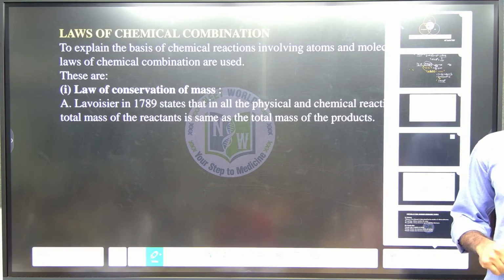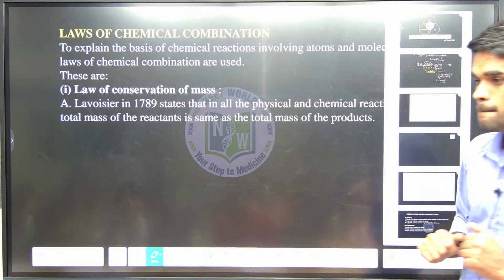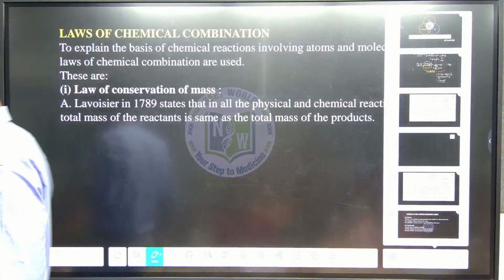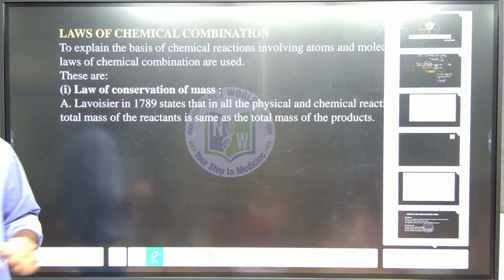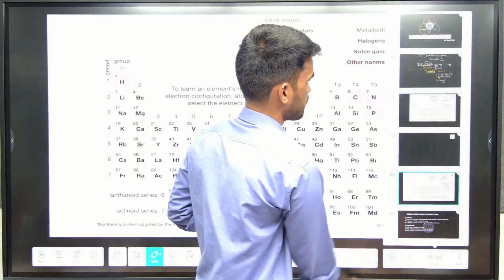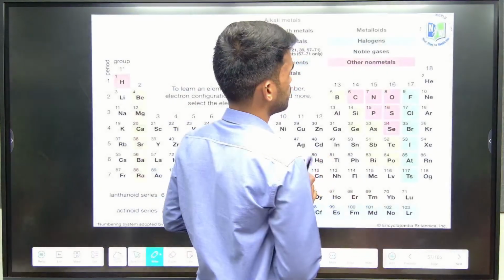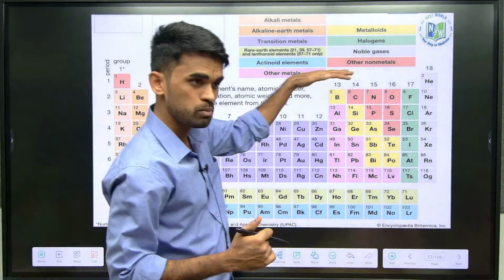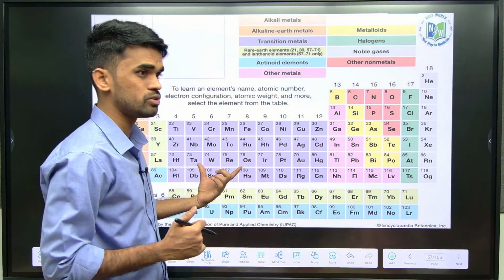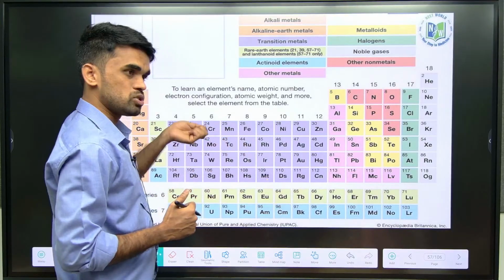Yesterday have you written that? Okay, so yesterday we have written S block elements, and next P block elements we have written, in between we have also written D block, and I told you some names to remember them.